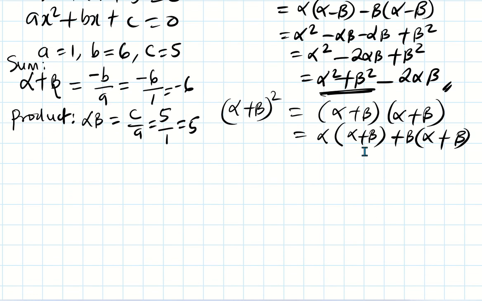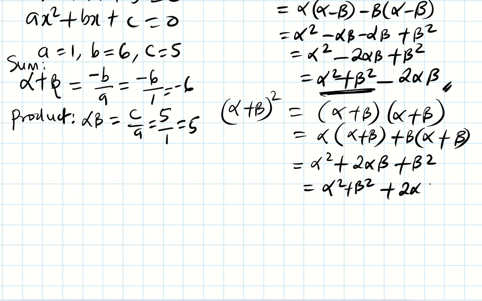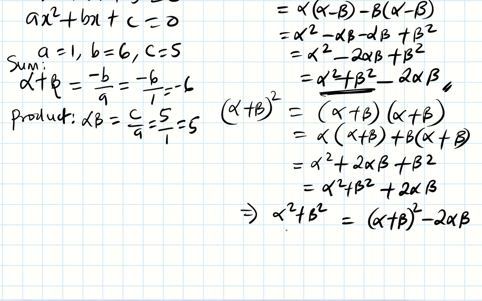Now on expansion, we have that this is equal to alpha squared plus 2 alpha beta plus beta squared. This implies that alpha squared plus beta squared is equal to alpha plus beta all squared minus 2 alpha beta. Now we'll have to substitute this in this equation here.